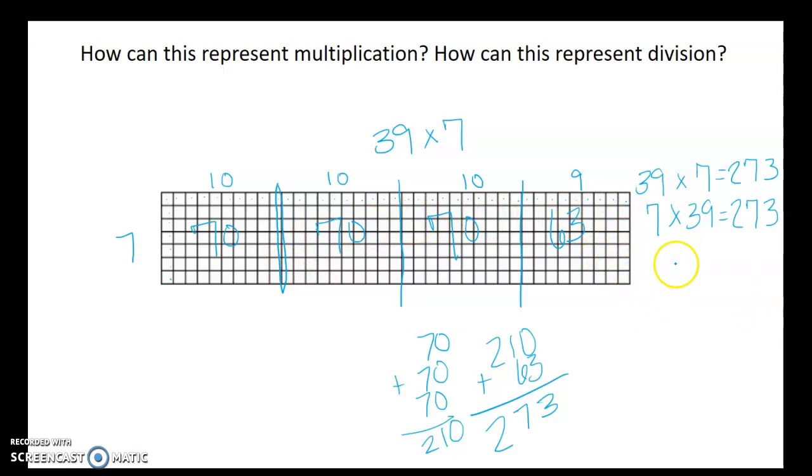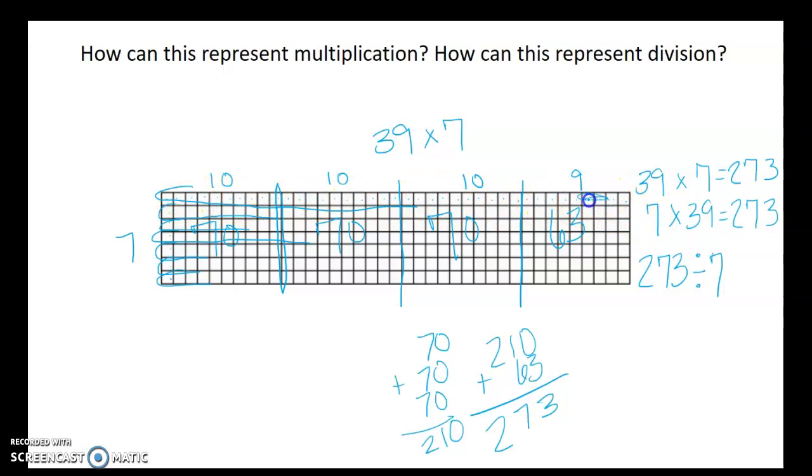Now, I can do my inverse operation and say 273 divided by 7. So that's like saying I wanted to divide it into 7 groups this way. Here's another group. Here's another group here, and another group if I went all the way down the line. And if I did that, I would end up with 39 in one of my groups.